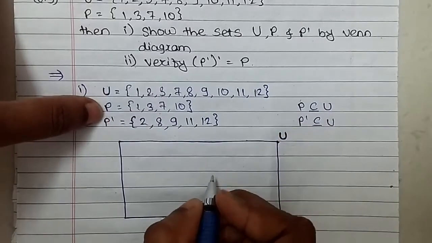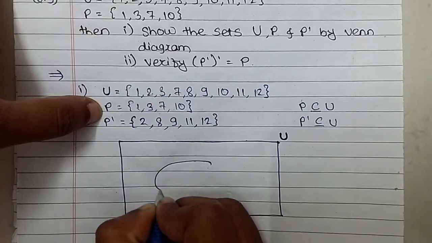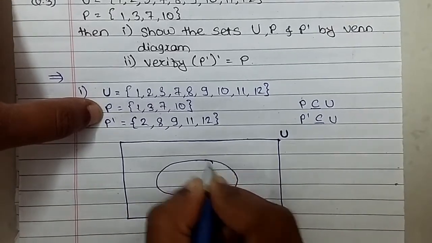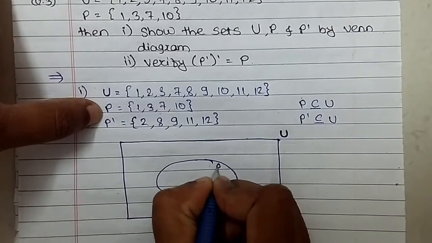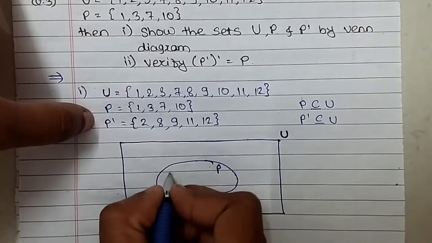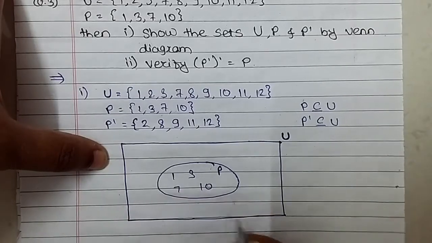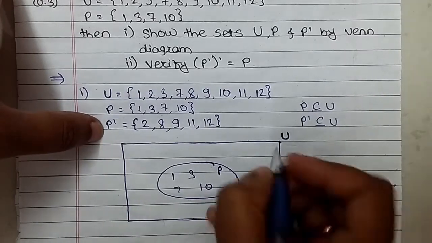Correct? So first draw one circle or oval shape here and write P. P is the set name. And write down the elements of the P set here, that is 1, 3, 7 and 10. Then P dash.